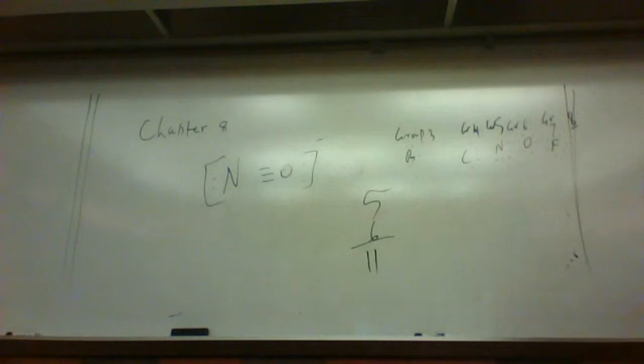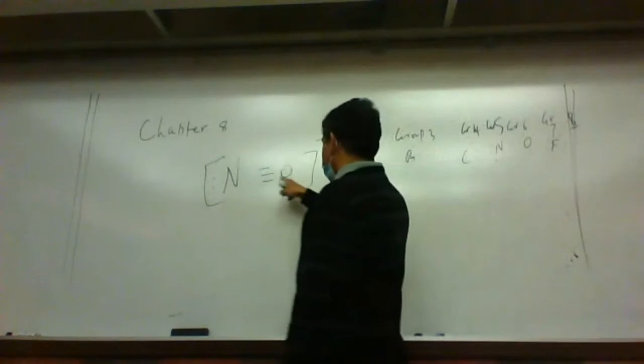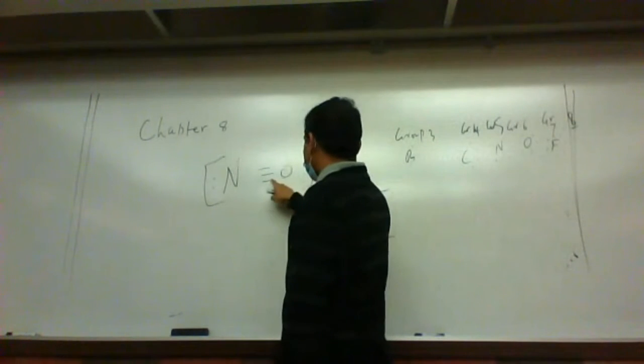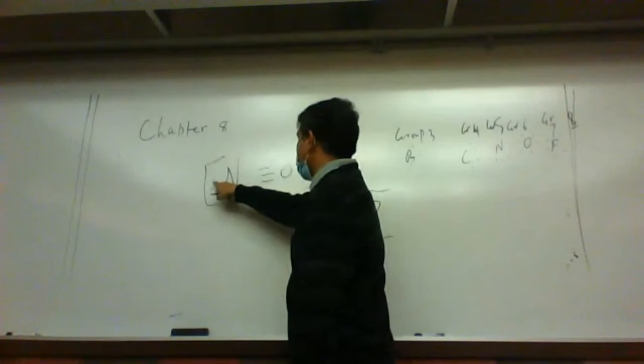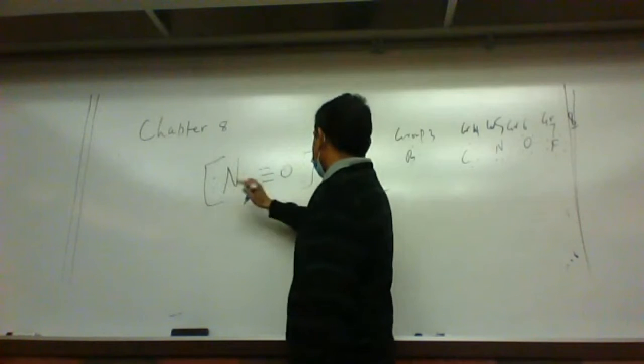So there are 2 things. The outermost electron number should be balanced, and around it there should be 8. There are 2 rules, yeah? First of all, you look whether there is 8 or not. Exactly, there is 8 around it: 2, 4, 6, 8, good.